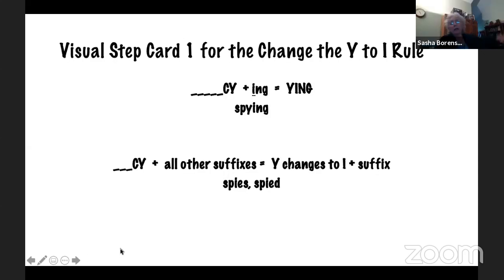Okay, so let's go back. We're talking about babyly, right? So we have a consonant and a Y, and we're adding a suffix that's either with a vowel or a consonant, and so we should change the Y to I. Is that what you did?